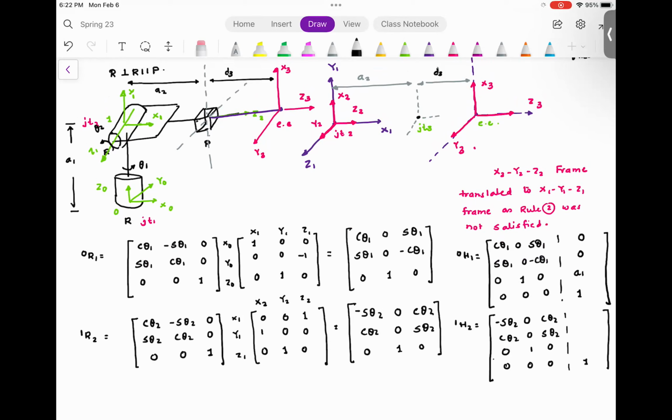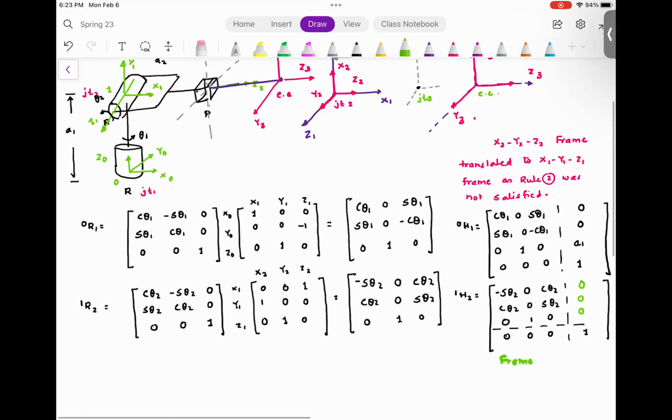And please understand, this is where you will have a 0 here, a 0 here, and a 0 here, because frame 2 is on top of frame 1. Do you agree with me? That's why all these distances are 0. Everyone okay with this? Any questions?